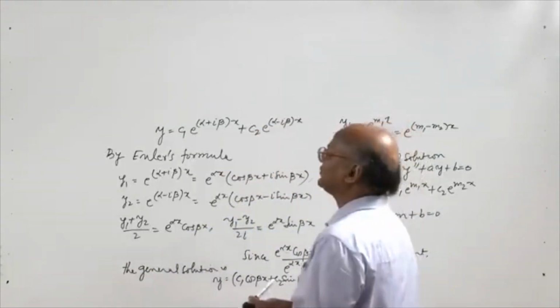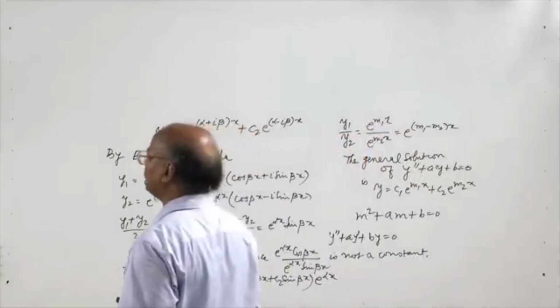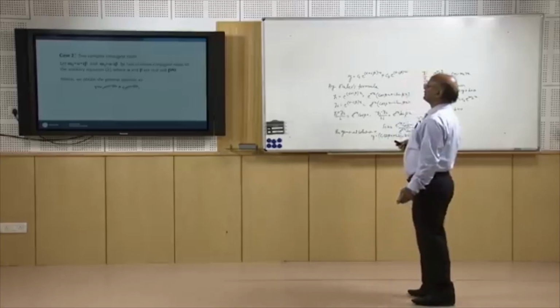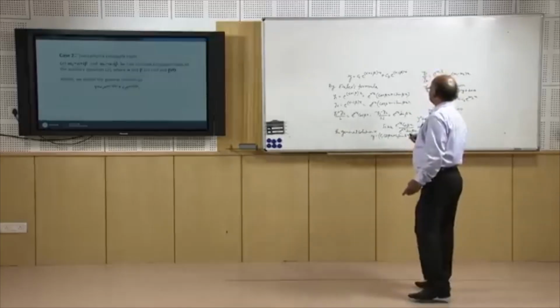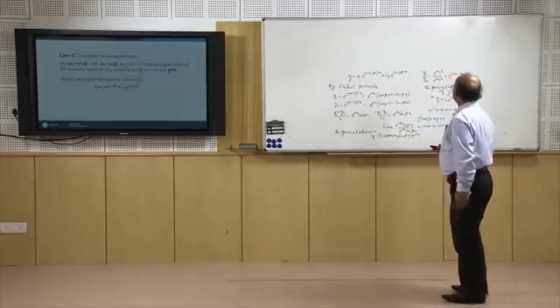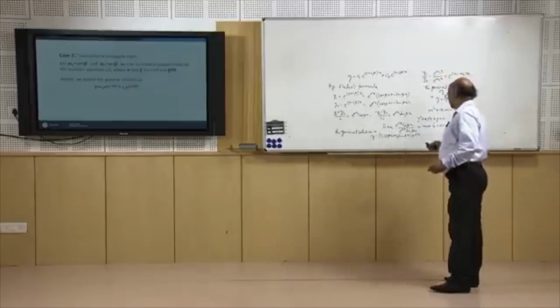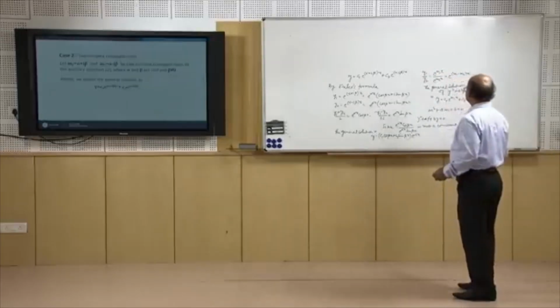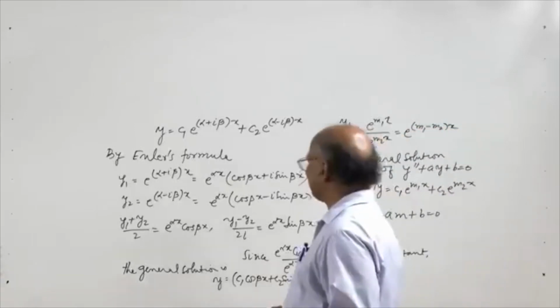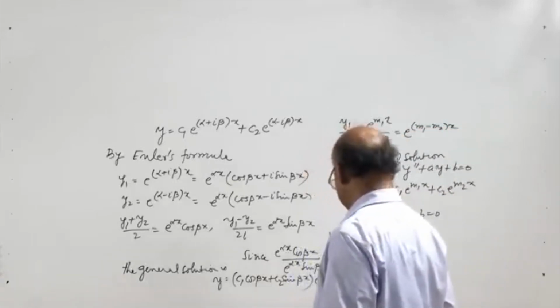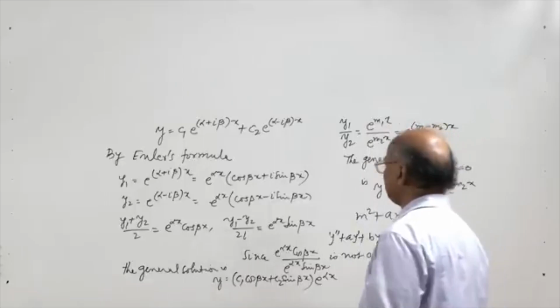So in the case of two complex conjugate roots, m1 equal to alpha plus i beta and m2 equal to alpha minus i beta, the general solution of the differential equation y double dash plus a y dash plus b y equal to 0 will be written as e to the power alpha x into C1 cos beta x plus C2 sin beta x.